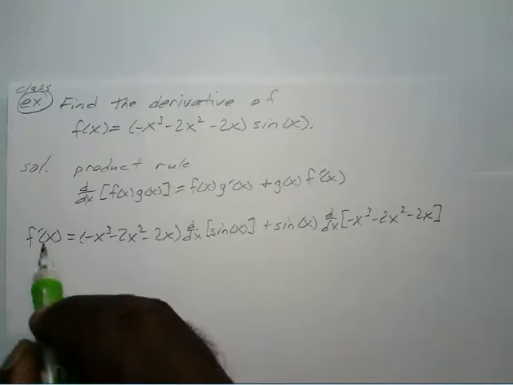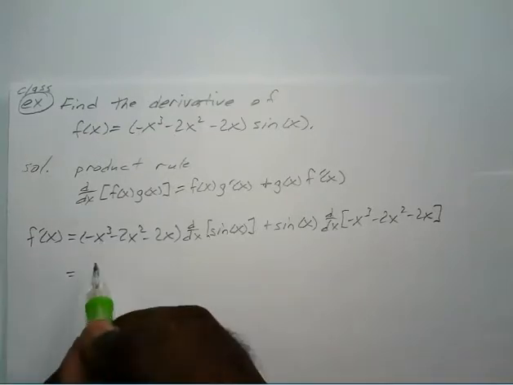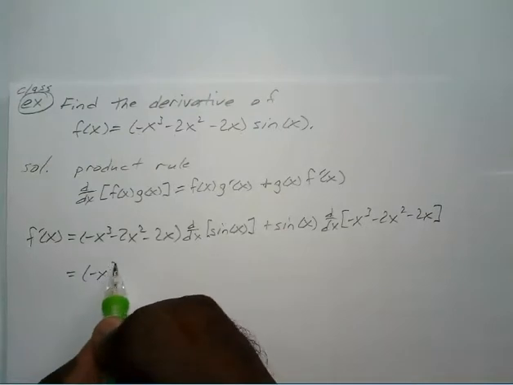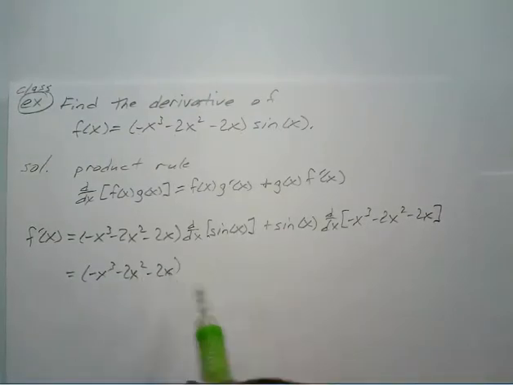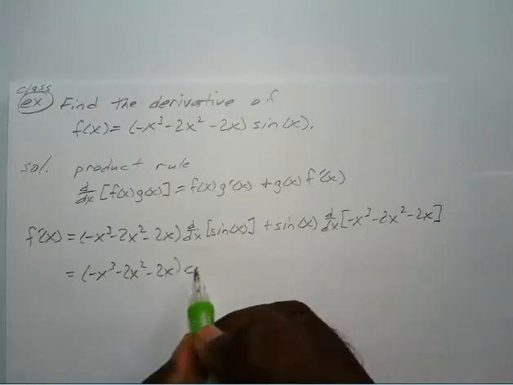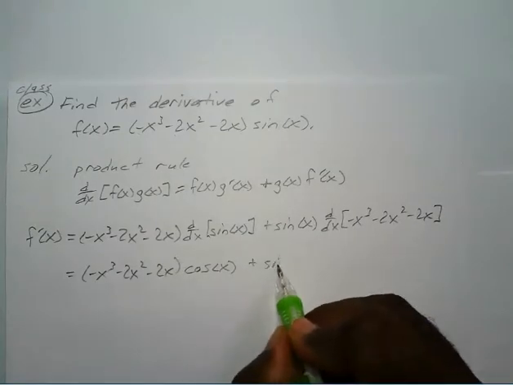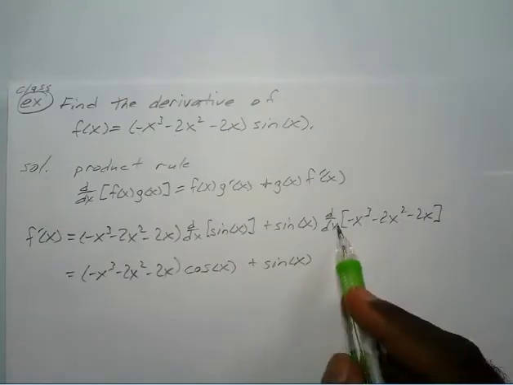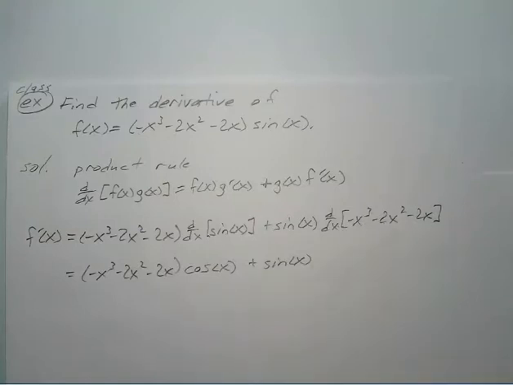Alright, so that is going to equal, you have negative x to the third minus 2x squared minus 2x times the derivative of sine x, which is cosine of x, plus your sine of x times the derivative of negative x to the third minus 2x squared minus 2x.